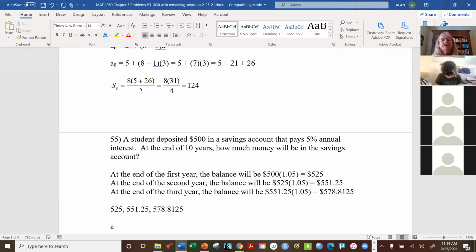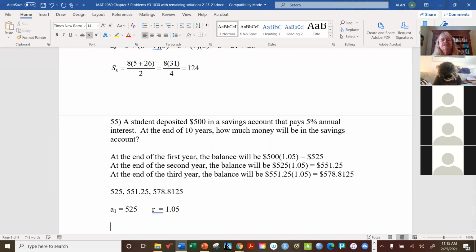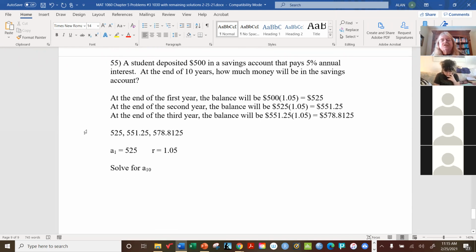So this is a geometric sequence where A1 can be thought of as 525 and R is 1.05. Now, when they say how much money will be in your savings account at the end of the 10th year, what you're really being asked to solve for is A10, not S10, but A10. Because each term represents the current balance in your account.